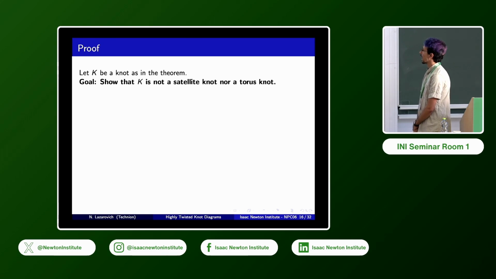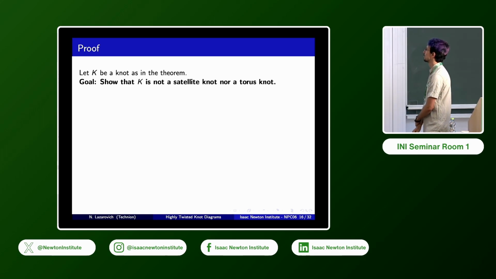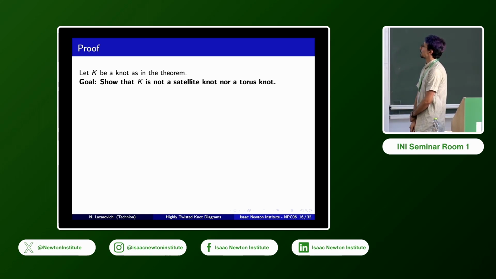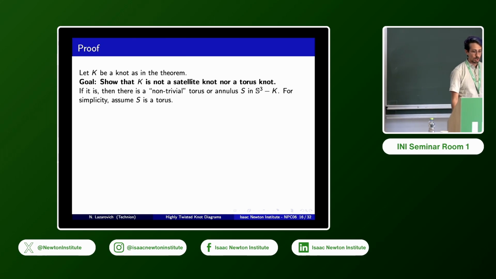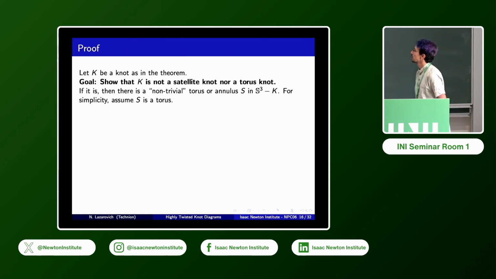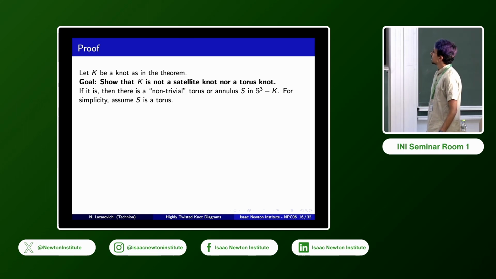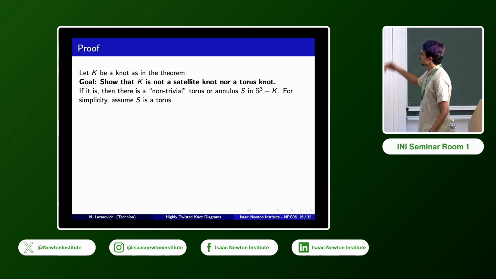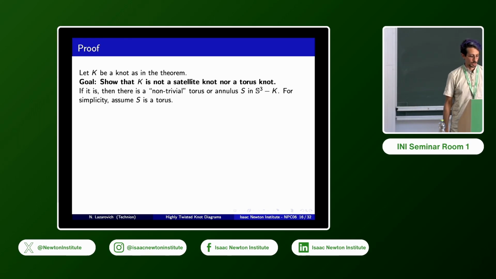Actually, maybe I should say all of the theorems I'm going to state work as well for links instead of knots. It's maybe simpler to state them for knots. Okay, so if it is one of them, then we can find a non-trivial torus or annulus in the knot complement. Okay, and for the simplicity of this proof, let's just assume that S is a torus. It's a simpler case.